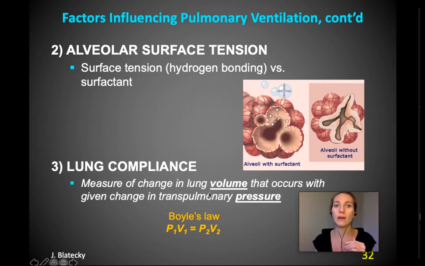So lung compliance is the third of the factors that I want to mention, specifically in regard to pulmonary ventilation. This comes back to Boyle's law. It's a measure of the change in lung volume that is going to accompany a given change in transpulmonary pressure, which just means pressure across the lungs.